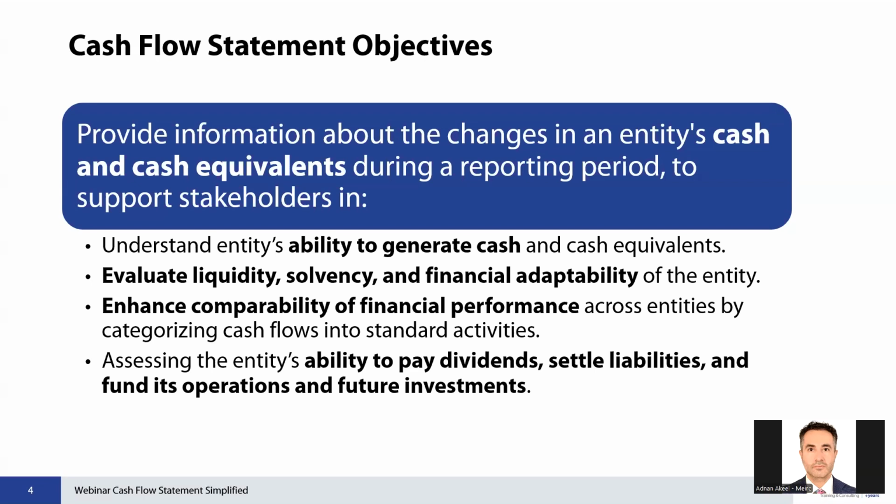The aim of this statement is to show us, during this year or this period, it could be a month, not necessarily a year, what happened in terms of our cash elements, what was the cash received for, and the cash paid for.